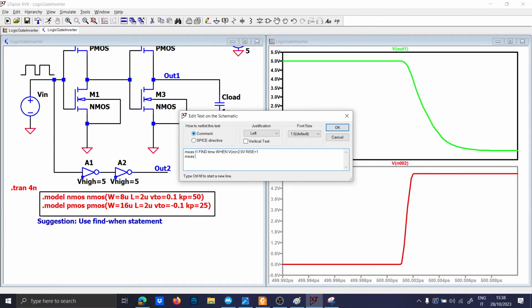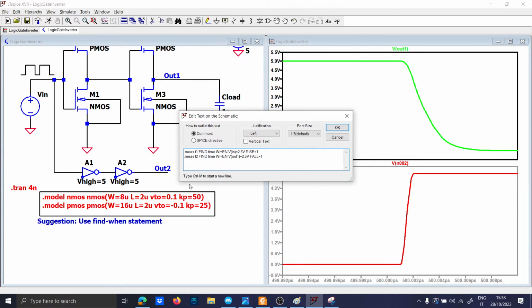And .meas t2, find time when V of out 1 is equal to 2.5, fall equal to 1. And of course now we can take the.